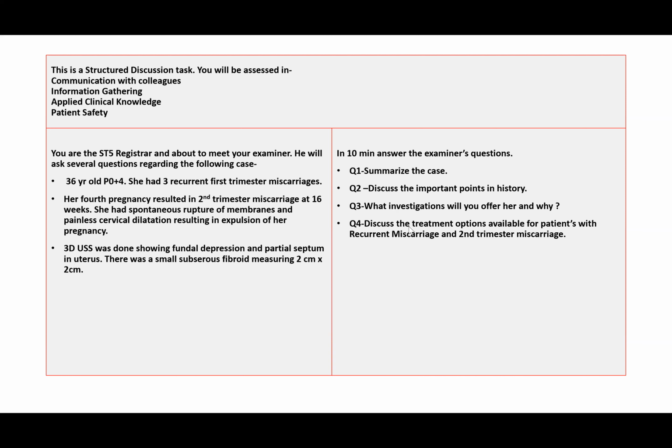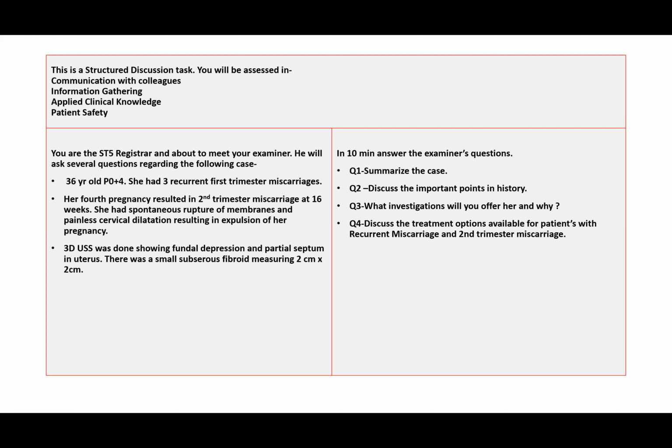Well done. Then treatment options. Yes, we need to see the patient and the partner together in the dedicated recurrent miscarriage or early pregnancy assessment unit. And treatment will be according to the cause, which you said. You told about the antiphospholipid syndrome and the treatment, like low molecular weight heparin and aspirin. And if parental karyotype is positive, refer to the clinical geneticist.